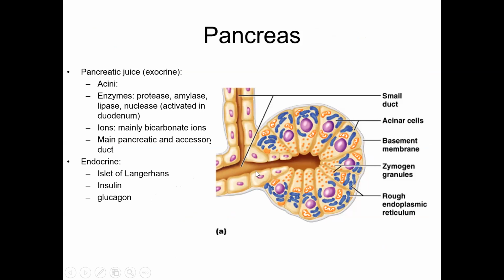Well, think about along this duct, these lining cells, they're cuboidal cells, right? So proteins are the major component for cell membrane. If you have active proteases traveling in this duct system, they can actually destroy your own lining cells.